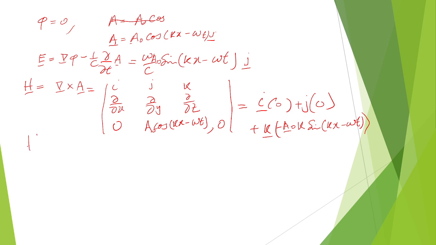So H is this function, that is minus A naught k sine kx minus omega t, but the direction here is k. So the electric field is in the j direction and the magnetic field is in the k direction. They are perpendicular to each other.